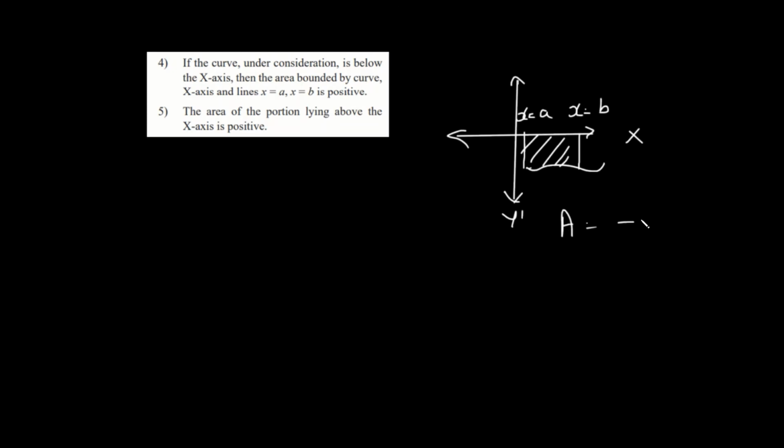Area will be negative. But then we only consider the absolute value of the area and therefore it comes as positive. That means basically the area computed is going to be negative. So that means the actual value of the area is negative, and so this answer is going to be false. Whatever statement that they have given us is false.